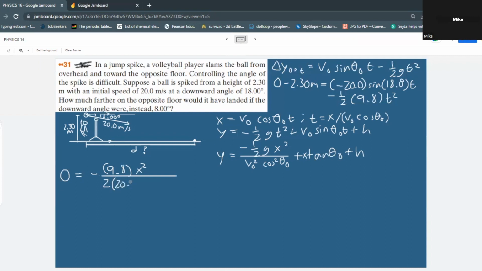Yung initial velocity ay 20, no? So 20 squared, cosine squared of... negative 18 siya kasi below the horizontal, di ba?